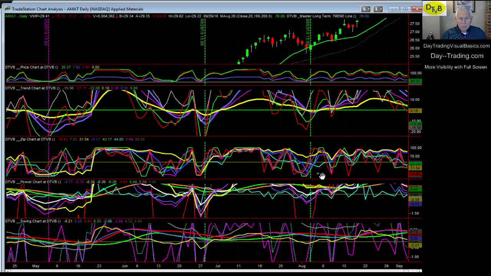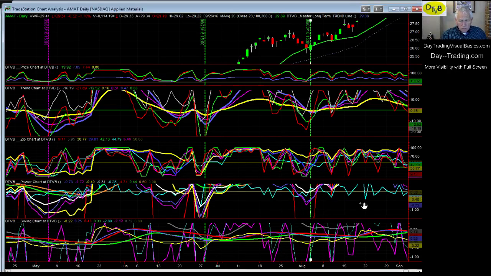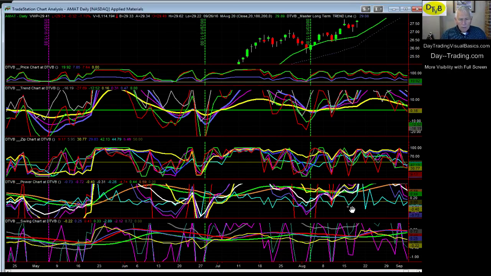Your zip yellow was high above, at 72.9. Your green and your power green and power orange are actually going down, and in a couple of days they turn back up. But this is actually with the red green turnover. With the trend red crossing over trend green, red over green is an uptrend, and that continues here.